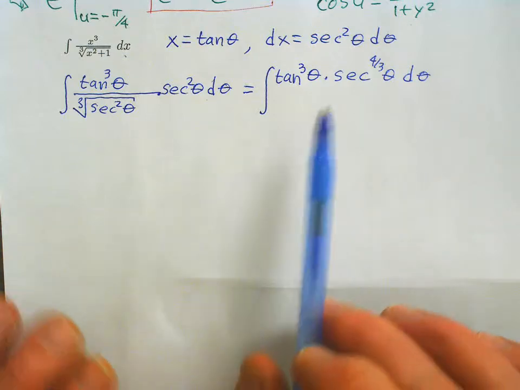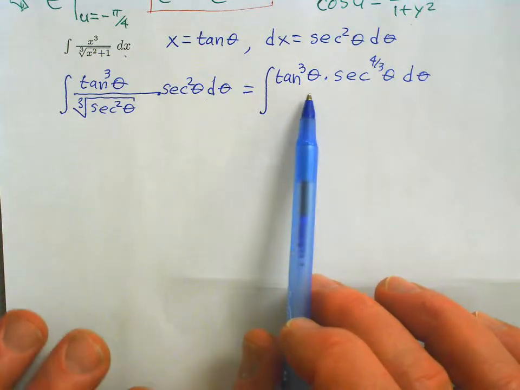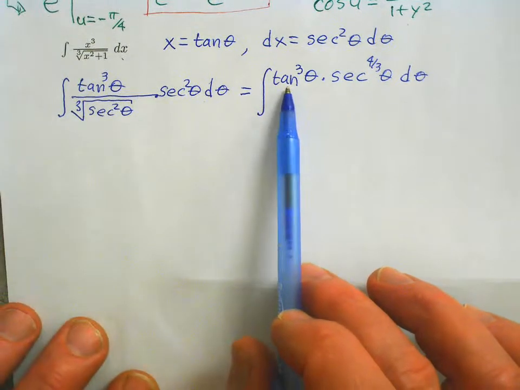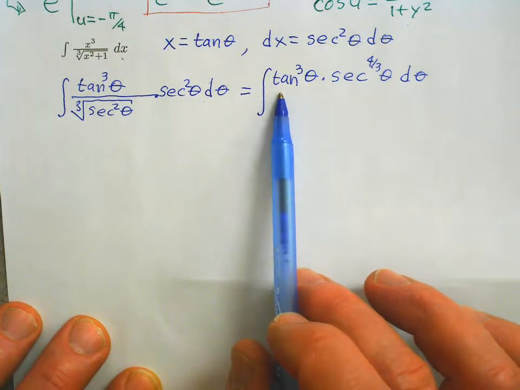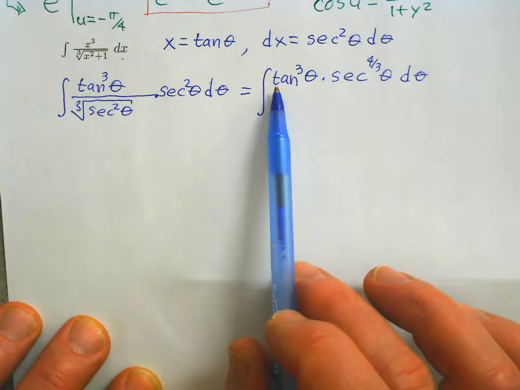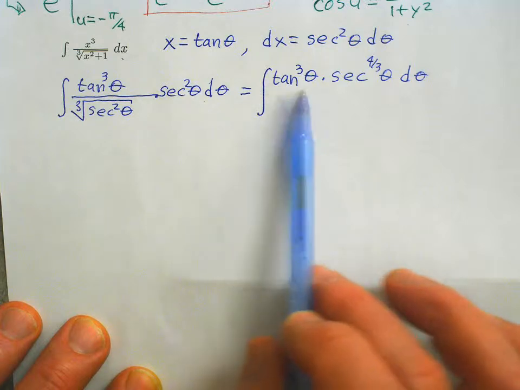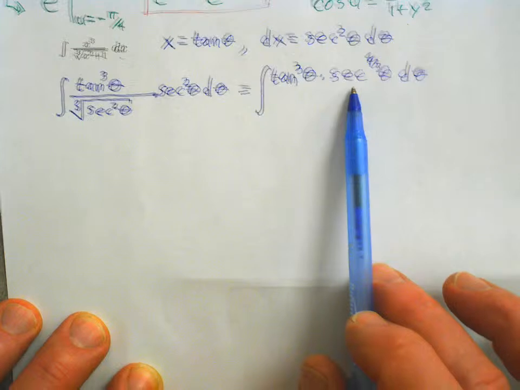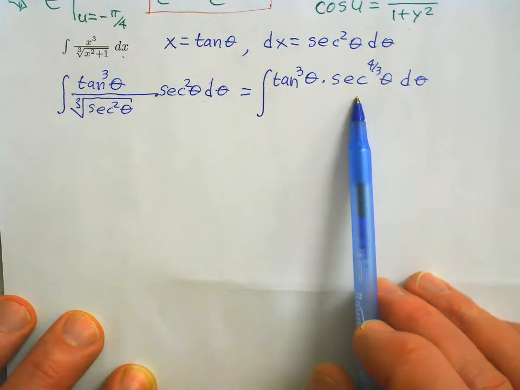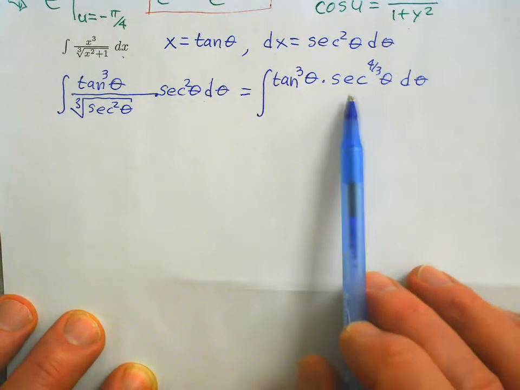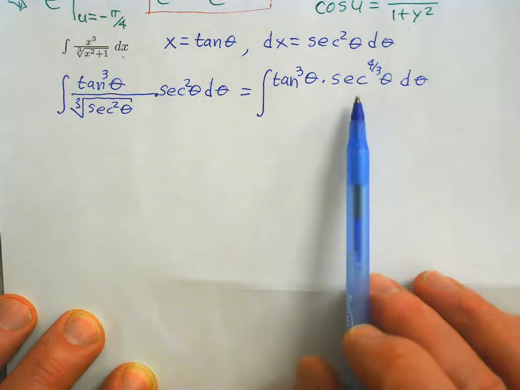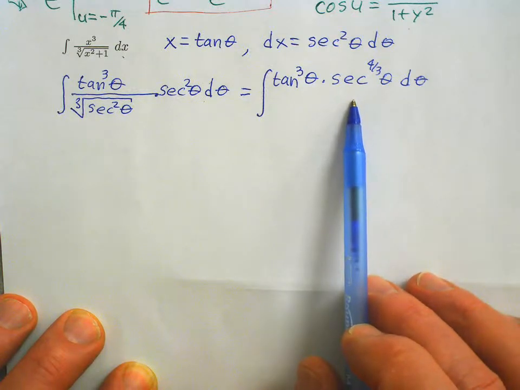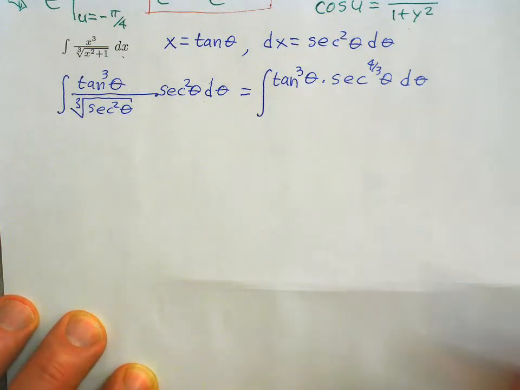Okay, so the next step: we have a tangent of theta to the third, so I'm going to borrow a tangent of theta from that, leaving tangent of theta to the second behind. And from secant of theta to the 4/3, I'm going to borrow secant of theta, leaving secant of theta to the 1/3 behind.